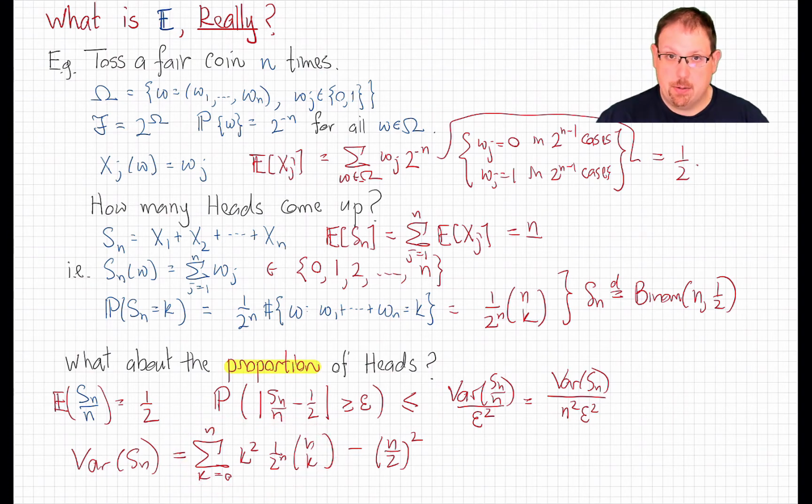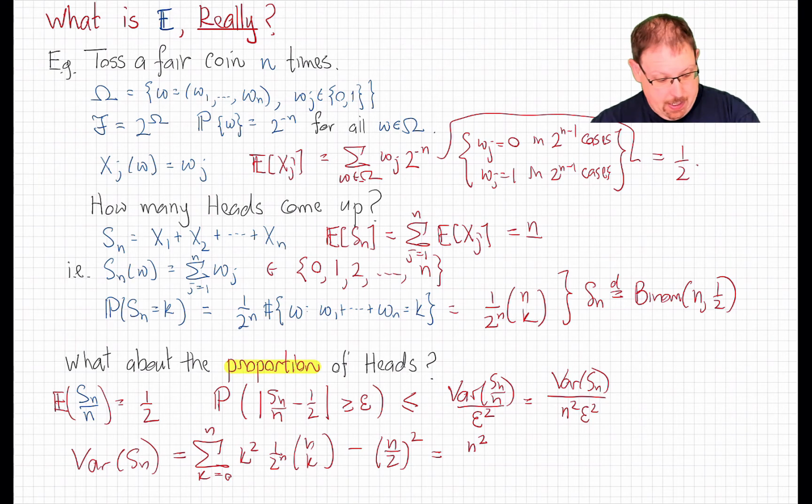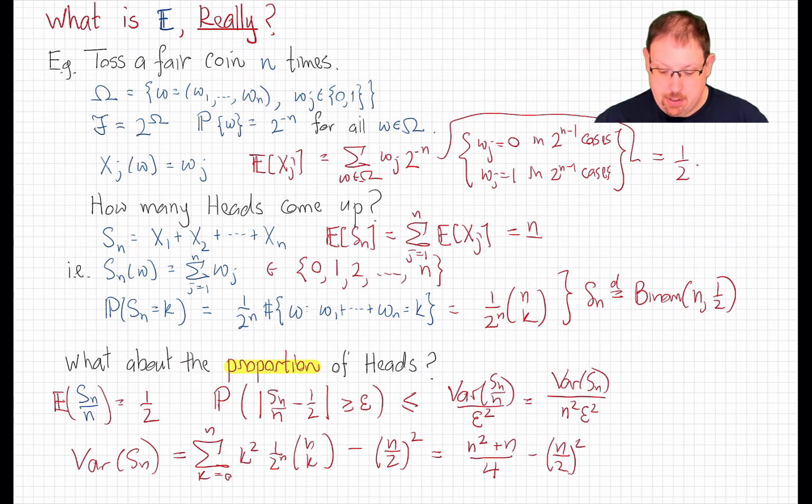I will tell you that it can be done, and it's a pretty fun, slick calculation using some relationships between binomial coefficients. If that's the sort of thing that you find fun, then I encourage you to go ahead and compute that the answer is n squared plus n over 4 for that first term. And so the variance turns out to be n over 4.